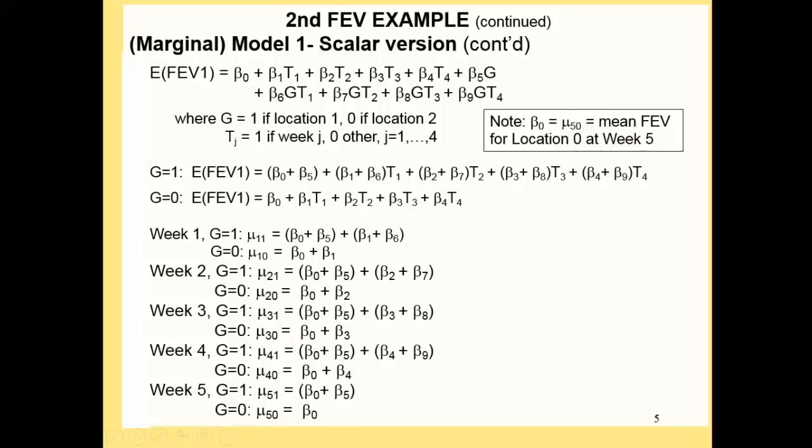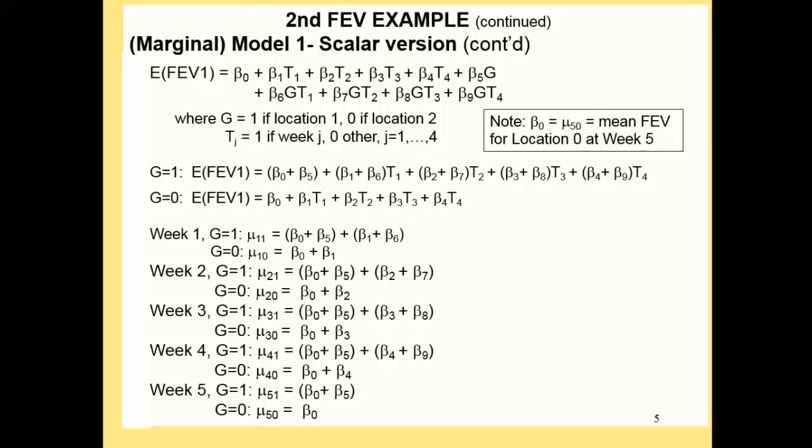So beta 0 is mu 5, 0. It's the mean for the 5th week for location 0.